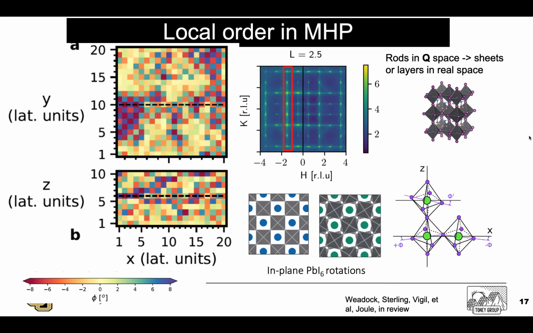Blue is the opposite, something more positive, where the bluer it is, the larger the rotation. Here we see a checkerboard region with alternating blue and red that extends over five or so unit cells.